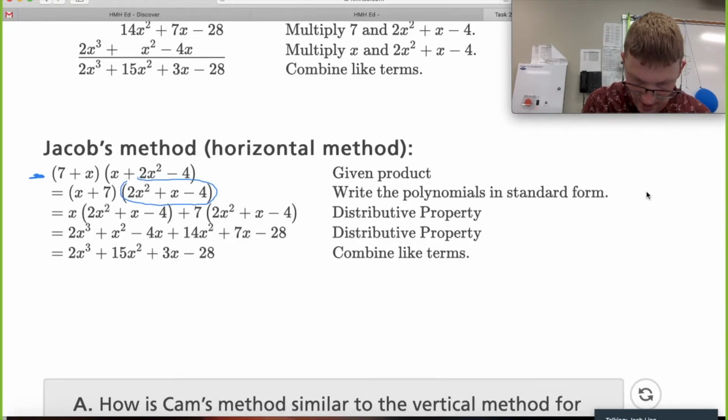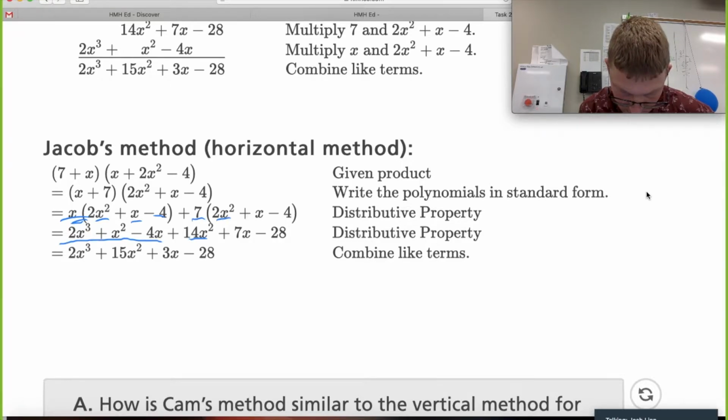And then you add 7 times this whole thing again. Then you just do all of that math: x times 2x, x times x, x times negative 4x, that's where all of this came from. 7 times 2, 7 times x, 7 times negative 4, and done. Then you just combine like terms.